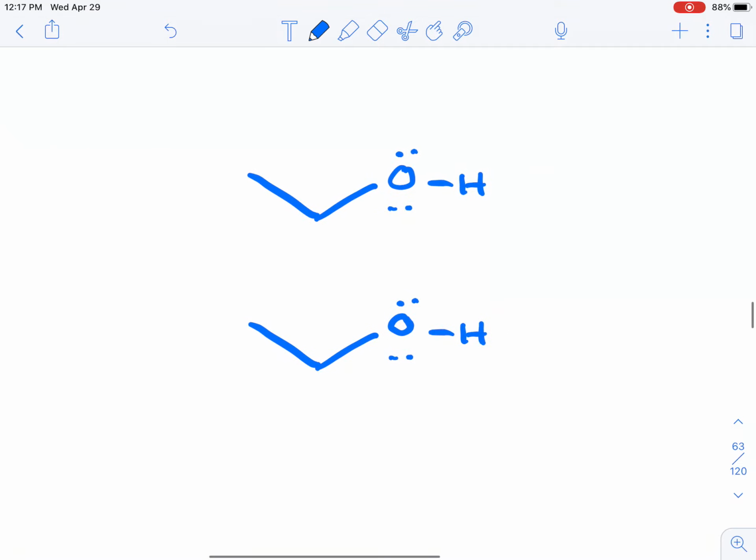So we know that oxygens are highly electronegative. So they have high electronegativity. And if you were to calculate their difference in electronegativity with that of hydrogen, the change in electronegativity is going to tell us that it's going to be a polar covalent bond.